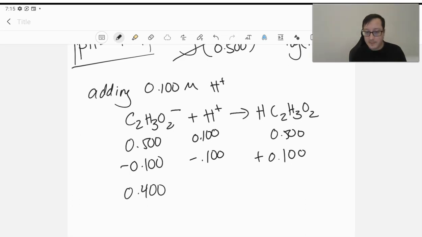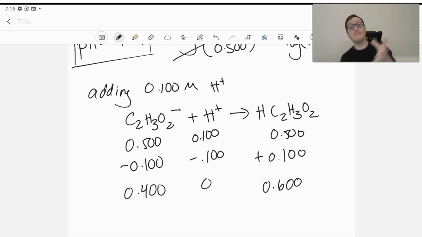I'm again not worrying about this H+, that's the added H+. So don't think of this as like, aha, now it's a neutral solution. It's not. But we're simplifying this just to see what happens. So by adding 0.1 molar of H+, we're going to consume 0.1 molar of our conjugate base, and we're going to make, therefore, 0.1 molar of our conjugate acid, our weak acid.